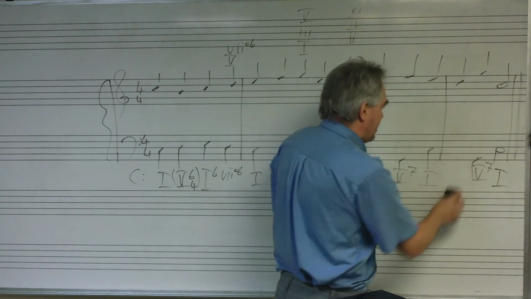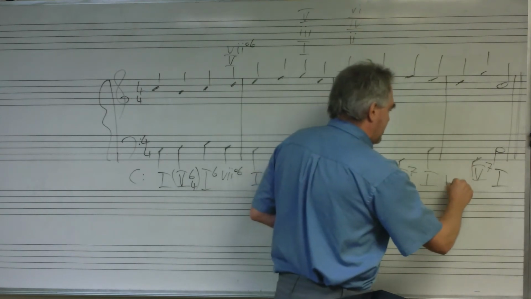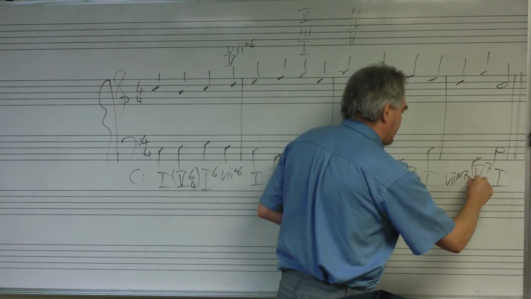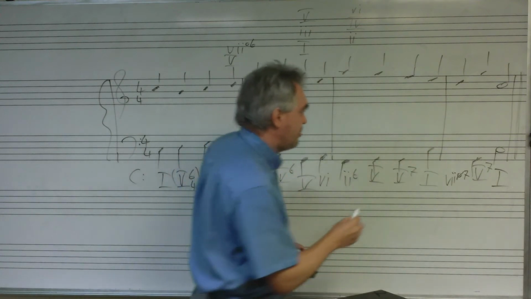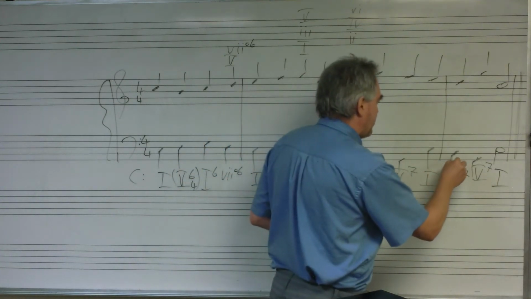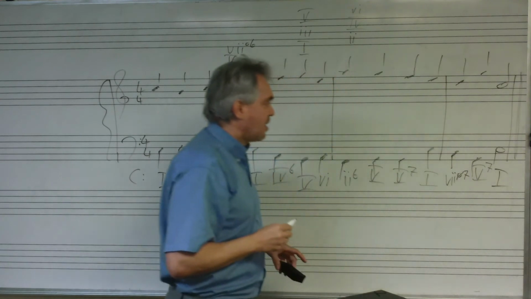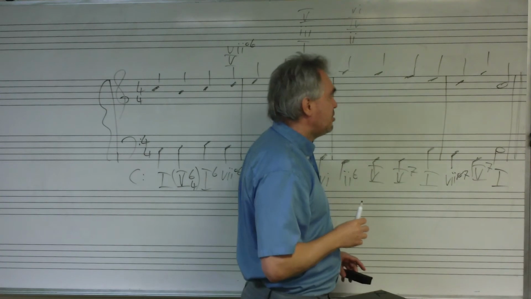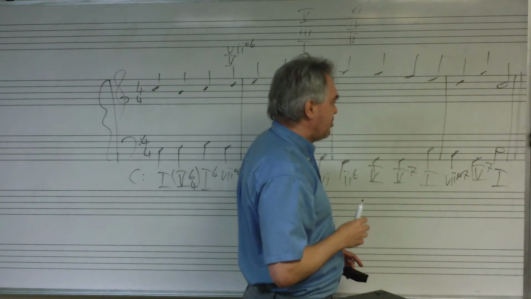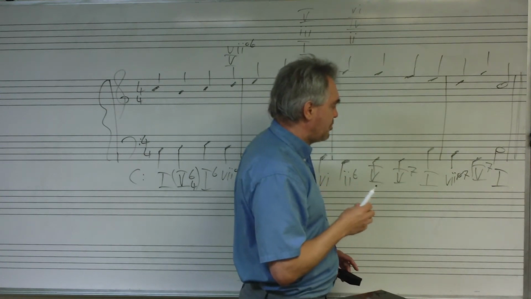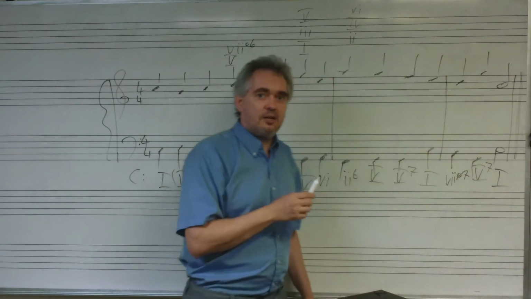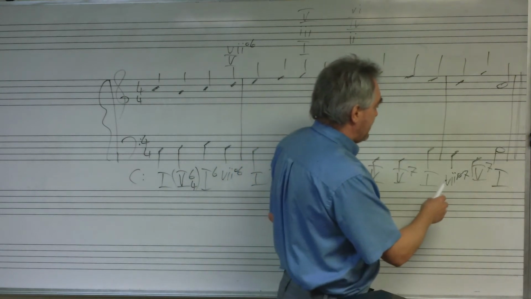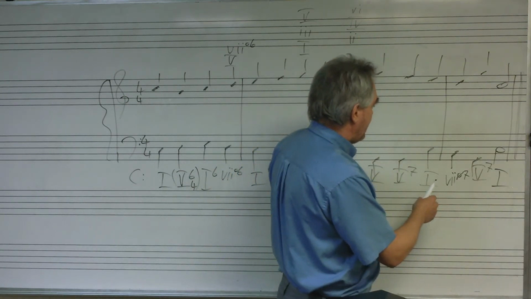Now we could include Roman 7 as a 7th chord, 7 half diminished 7, in which case we would have B in the bass. So it would be spelled B, D, F, A. We would have to make sure to have all 4 notes and to resolve the A down by step, because that's the 7th of the chord. Let's see how that works.